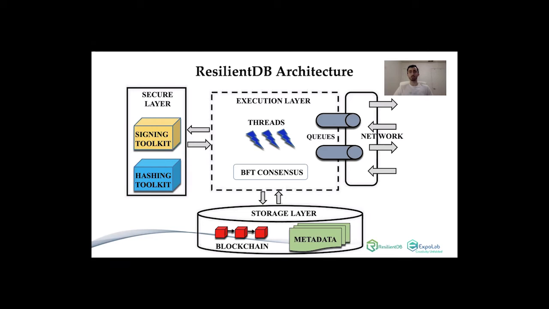And we have message queues and work queues that communicate with the network through input and output threads. And beneath all of these layers, we have a storage layer, where the actual blockchain or the distributed ledger is maintained alongside the metadata of all those transactions and smart contracts in our permissioned blockchain architecture.